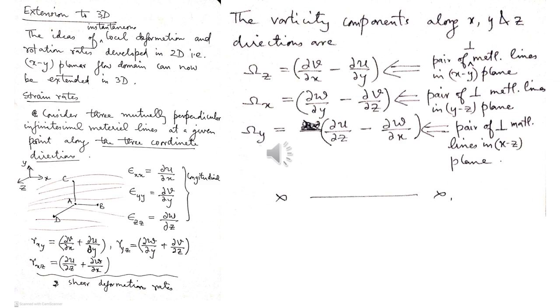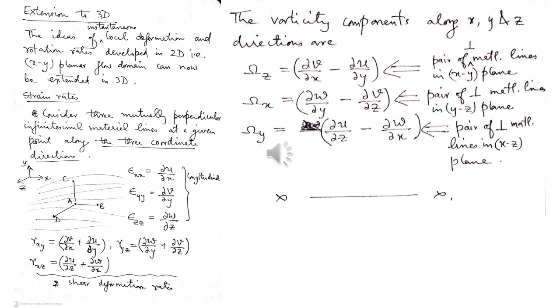That is because in three dimensions, an infinitesimal material line will be characterized by not a single angle theta, but in fact minimum two angles in space. So you need minimum two angles in space to orient a line with respect to the coordinate directions.